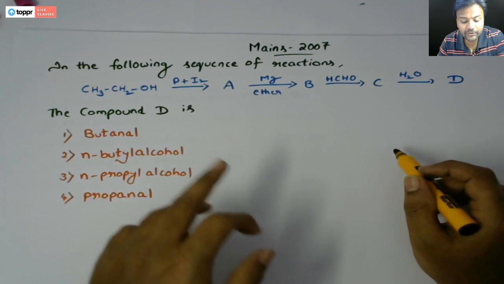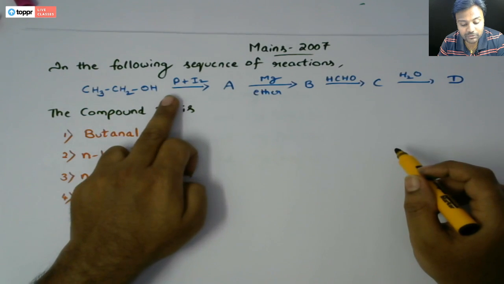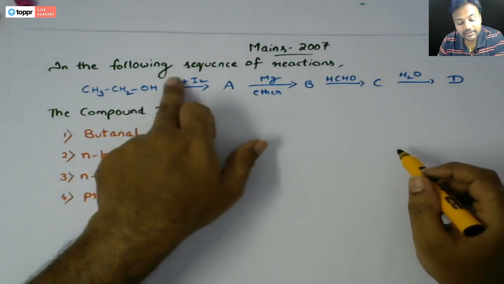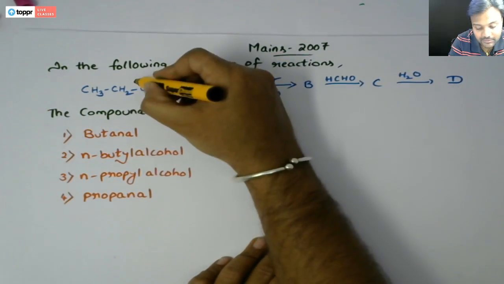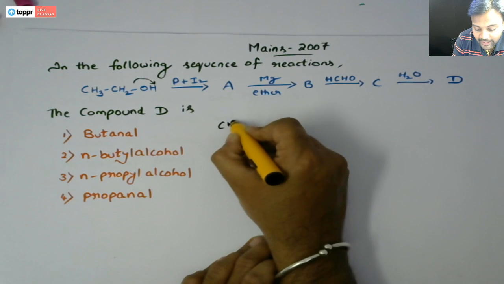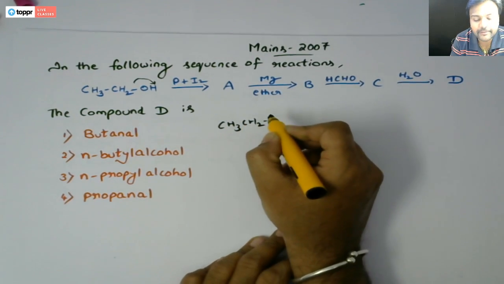They have given a primary alcohol, that is ethanol. Ethanol, when treated with red phosphorus and iodine, has its OH replaced, so compound A is CH3CH2I.